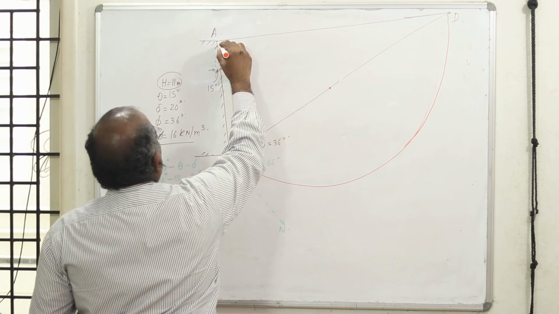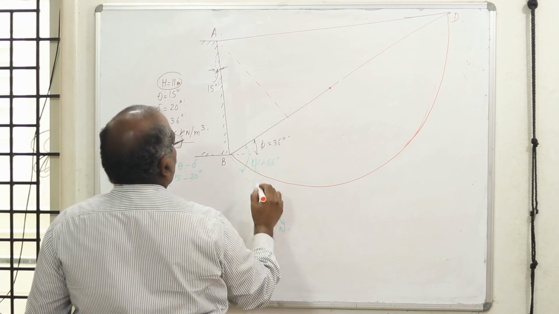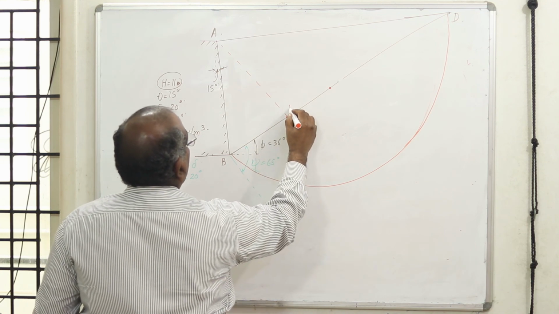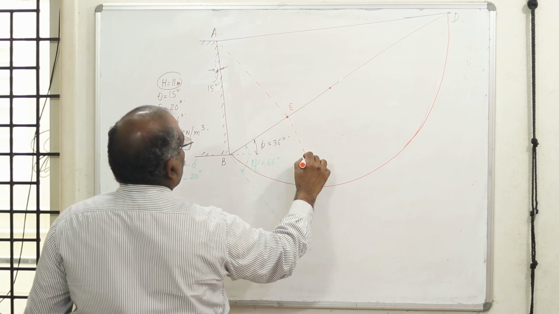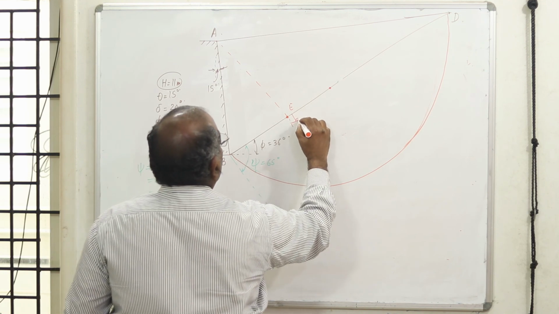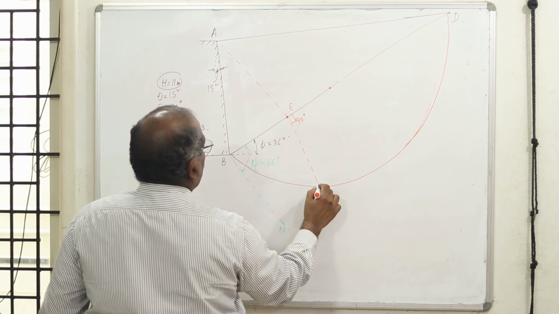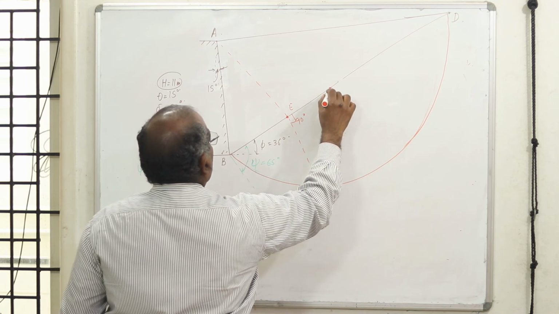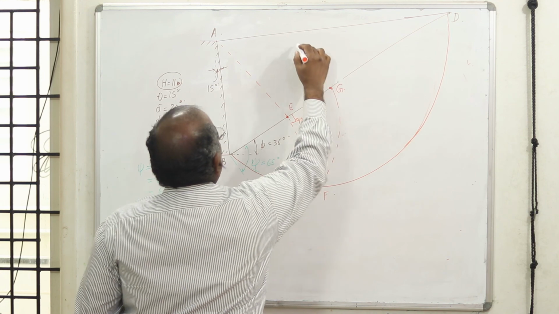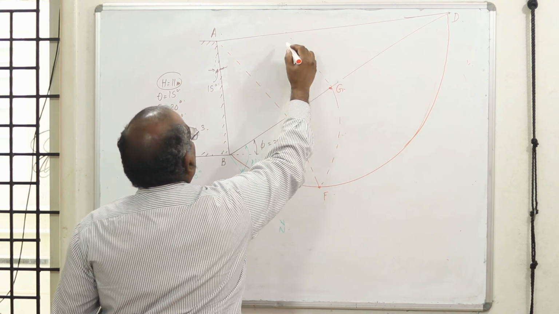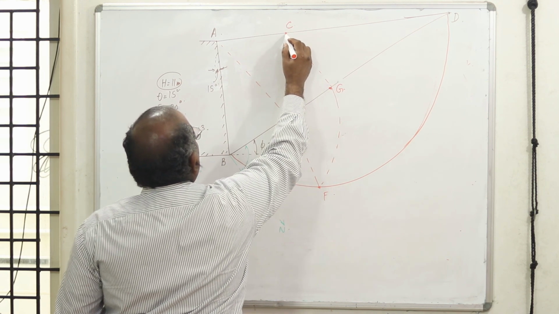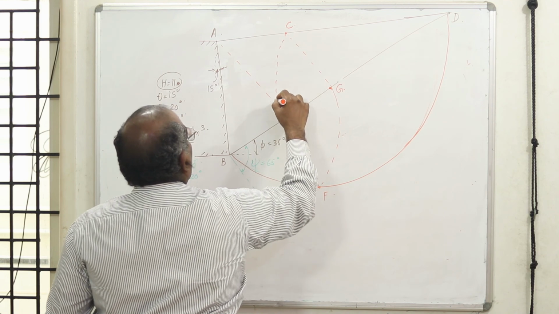Now you draw a line parallel to this. You get your point E, then draw a perpendicular. This is 90 degrees. We get F. With BF as radius, we draw an arc. We get G. From there, draw a line parallel to this line. You get C. Then drop an arc.